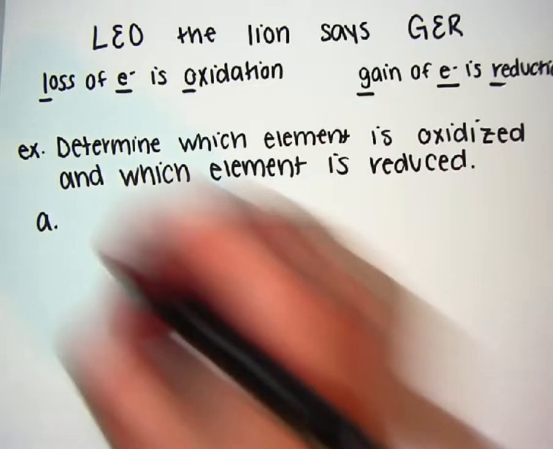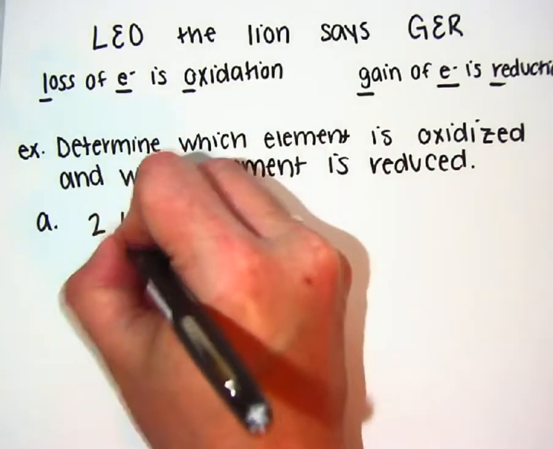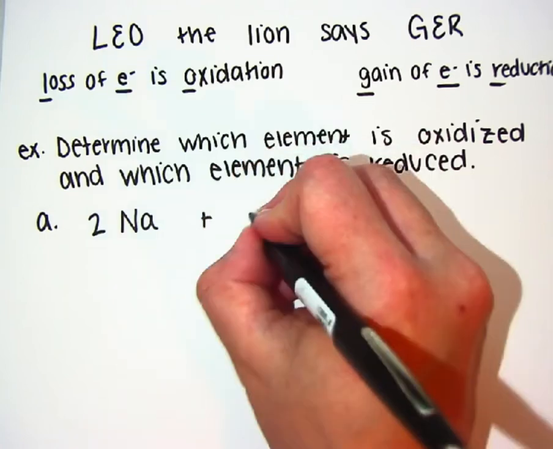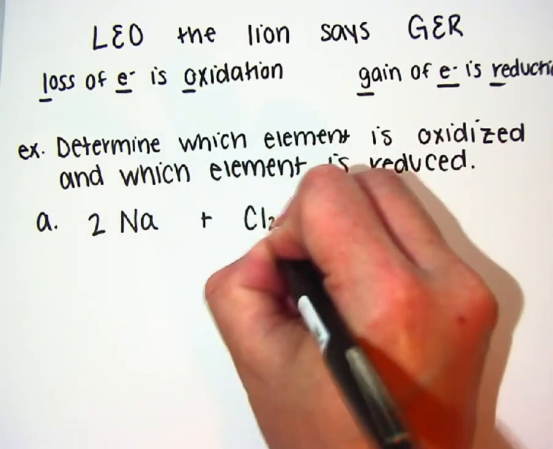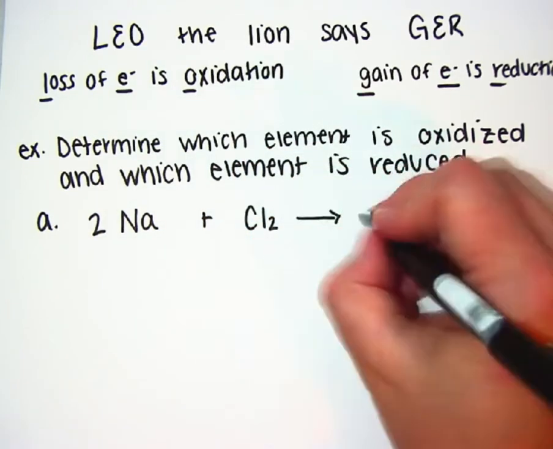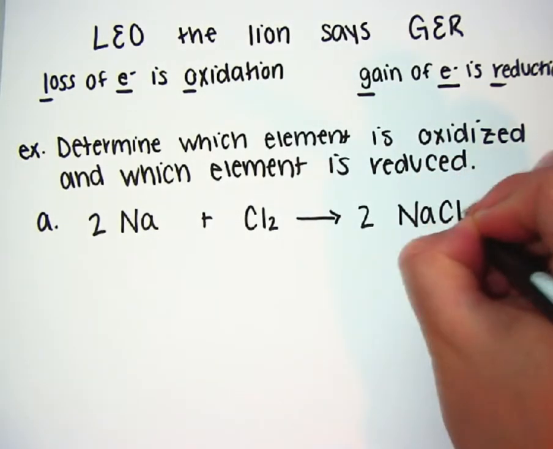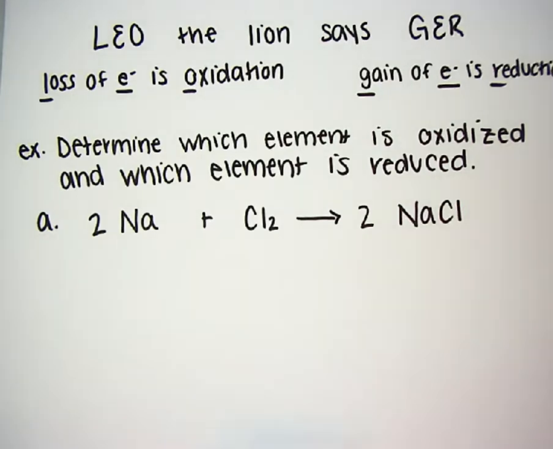First reaction. Let's say we had a synthesis reaction. Sodium plus chlorine produces sodium chloride.